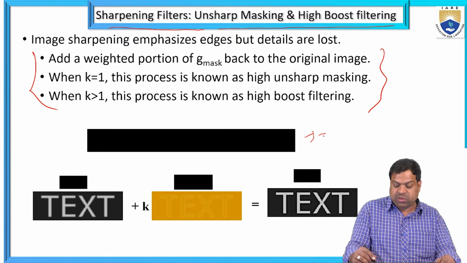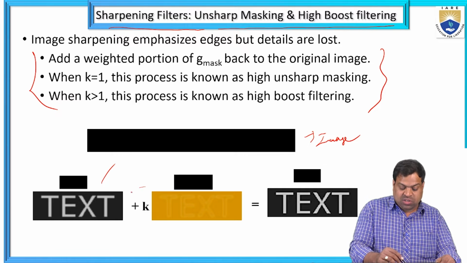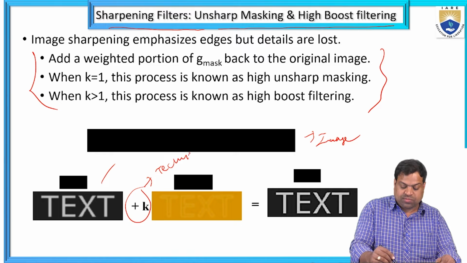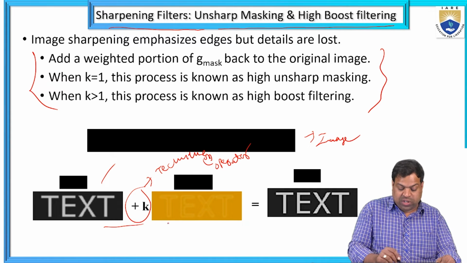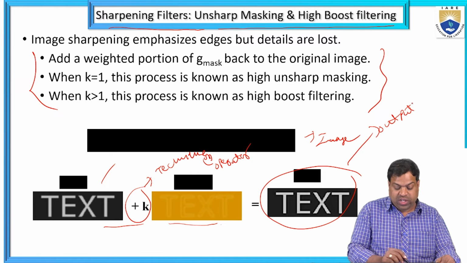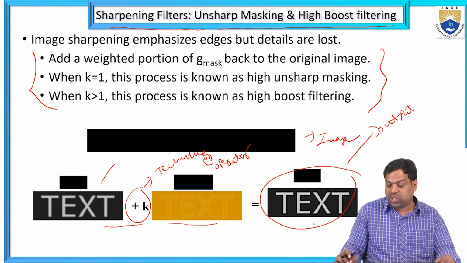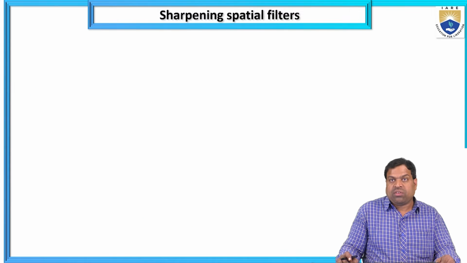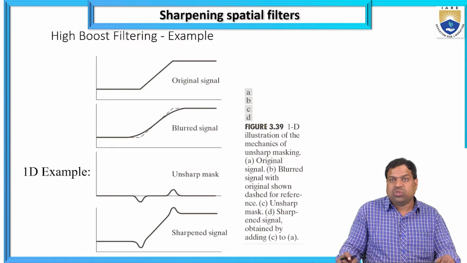I am taking one image and adding k times the mask. I'm using one operator. So what is the output? This is the output image: the input image with the operator applied. So it is high boost filtering.